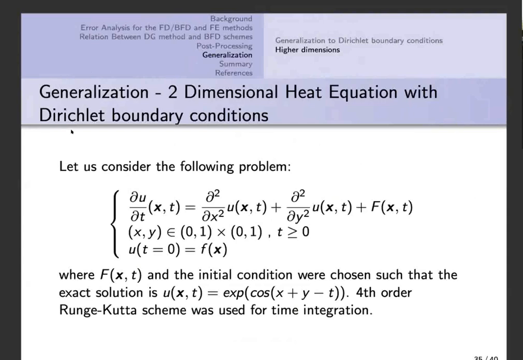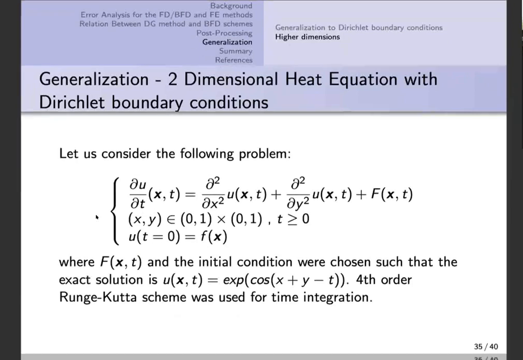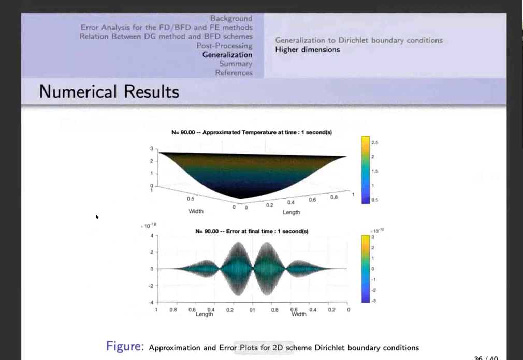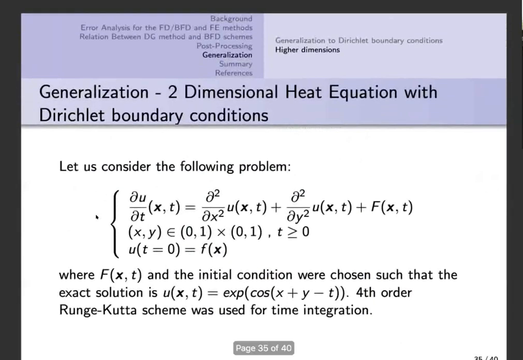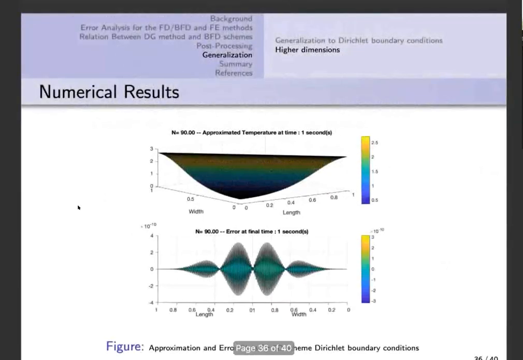The second generalization was done to a two-dimensional heat equation with a Dirichlet boundary condition on the square between 0 and 1. A fourth-order Runge-Kutta scheme was used for time integration. So these are the numerical results that we got.